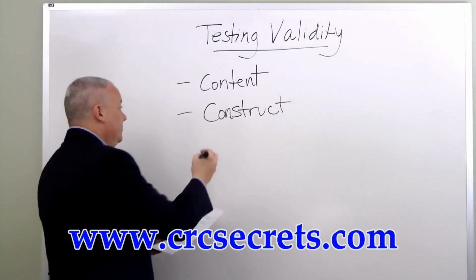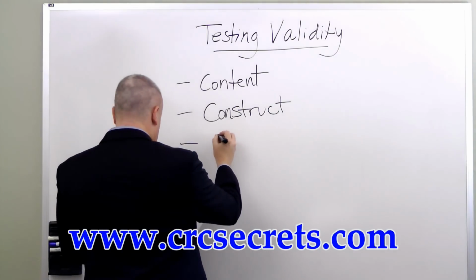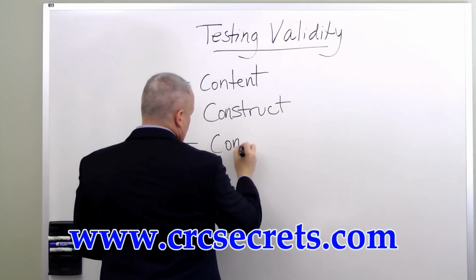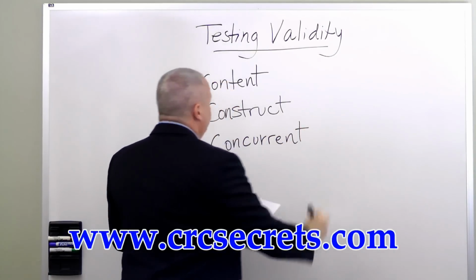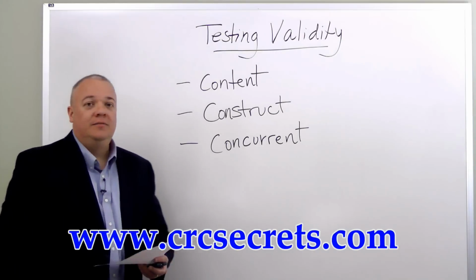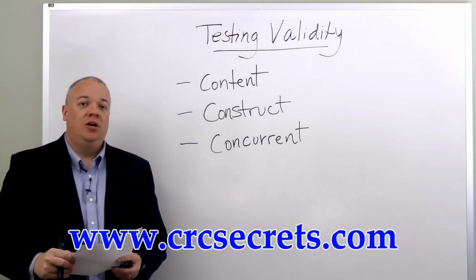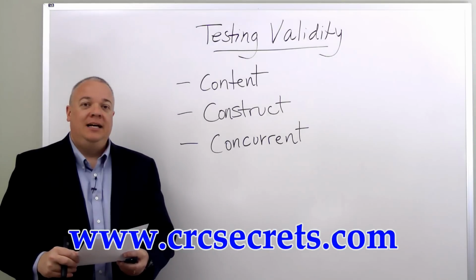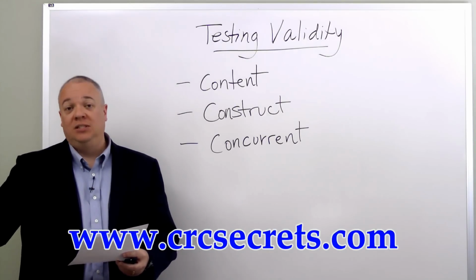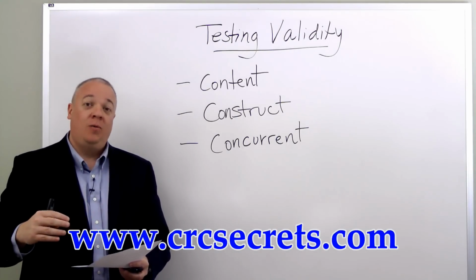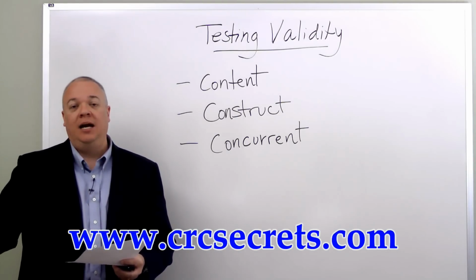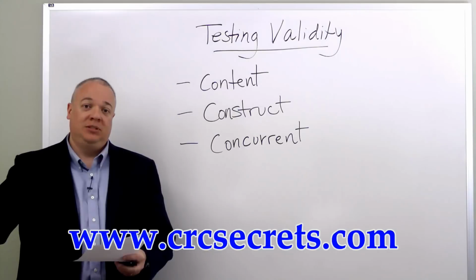The third area we want to talk about in testing validity is concurrent. Concurrent validity has to do with determining whether or not your test stacks up to similar tests. How effective, how accurate is our test when compared to similar tests designed to test the same types of things.